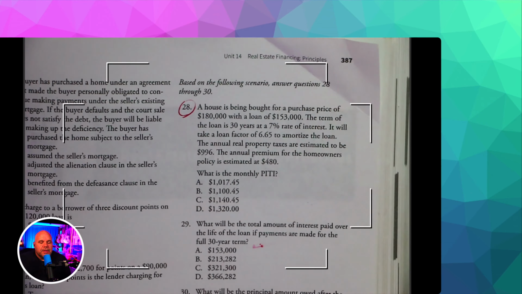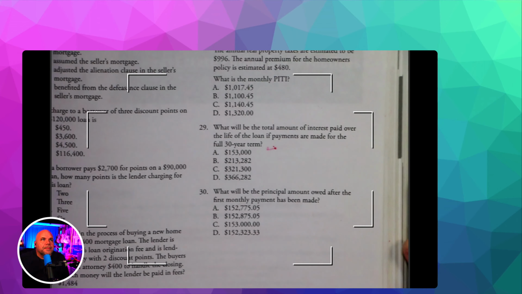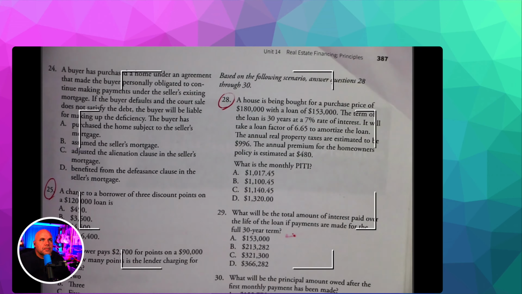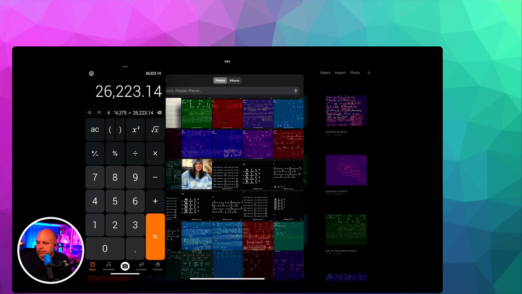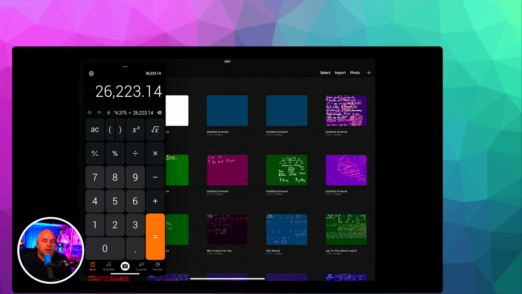I'm setting myself up here so I can share this with you and still have the iPad showing. So 1 second. Right. The only thing you're dividing by something is the loan amount.